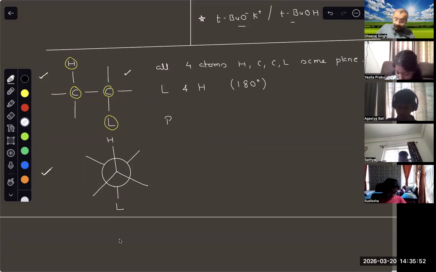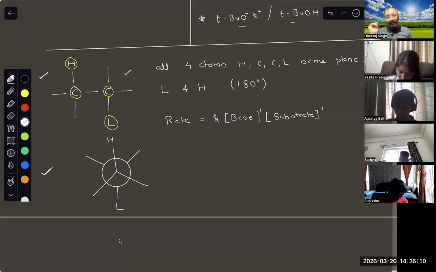I'll write it like this: rate is equal to a constant times base as well as the substrate. The same thing was with SN2 as well, but instead of base, we were calling it nucleophile, because a nucleophile attacks carbon, a base attacks hydrogen.